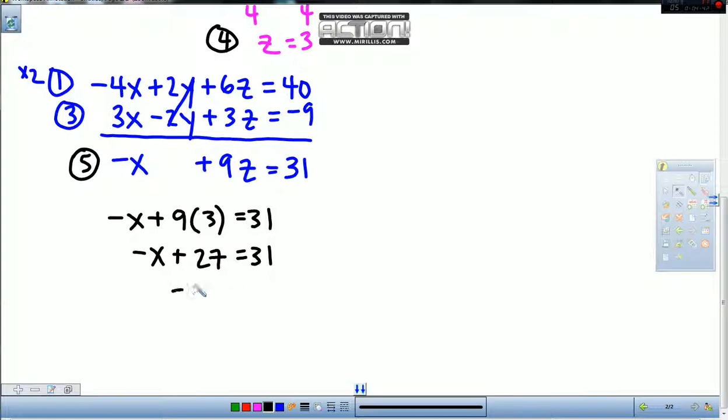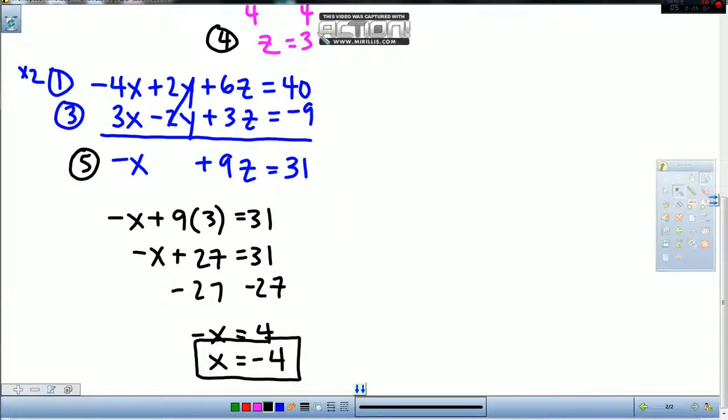Subtract 27 on both sides, so negative x equals 4. Then divide by negative 1, x equals negative 4. So there we have our second variable solved for. The first one we had was z equals 3, and the second one, x equals negative 4.